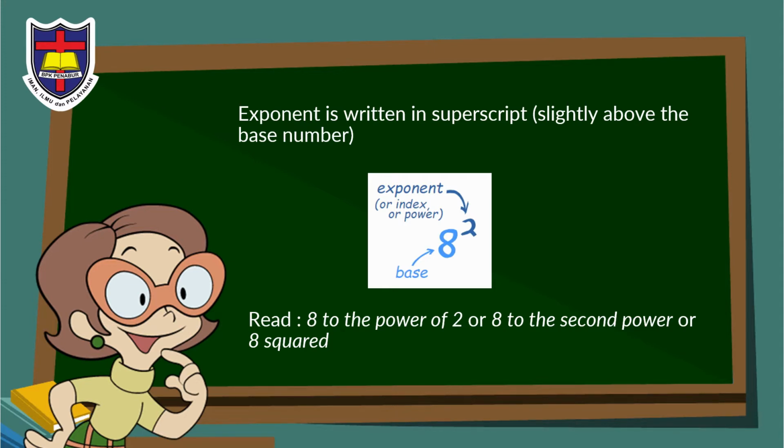Or because this is our special case when the exponent is 2, we can call it 8 squared, just like square numbers. Another special case, if the exponent is 3, we can call it 8 cubed. It's just the same like cubic numbers.